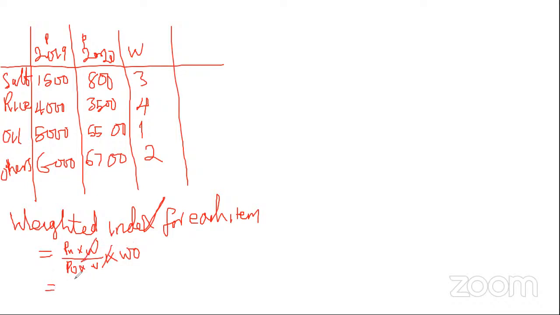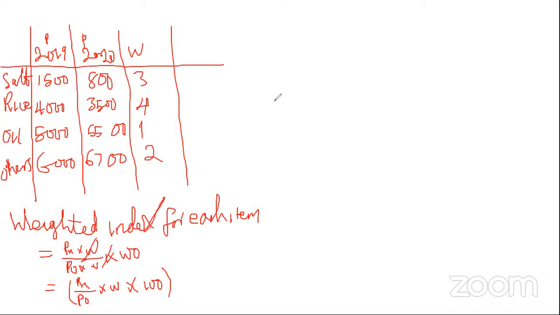So here I would get Pn over P naught times W, and then multiplied by 100. So that means we'd get this divided by this times 3, then multiply by 100. That would be for each commodity.